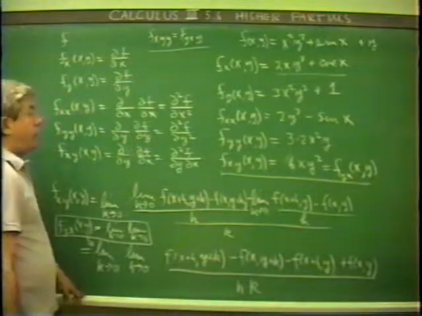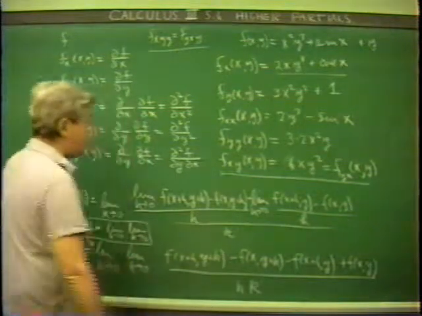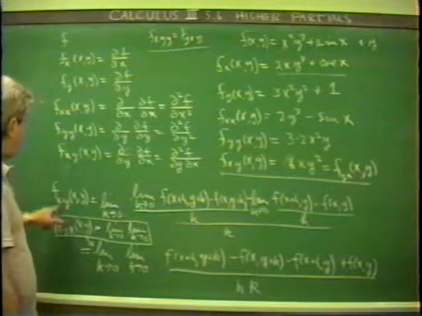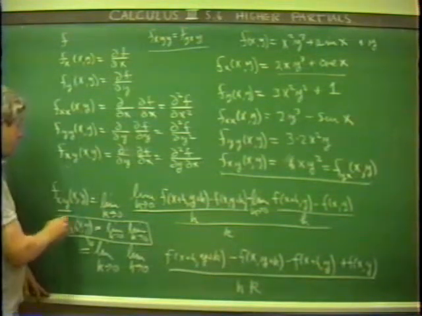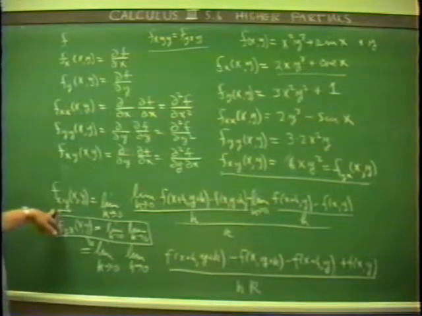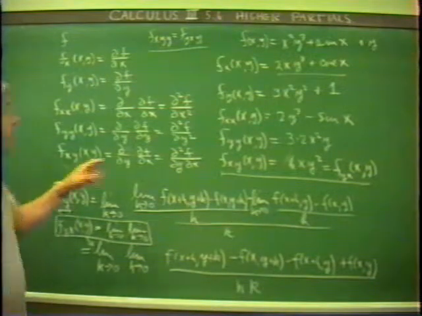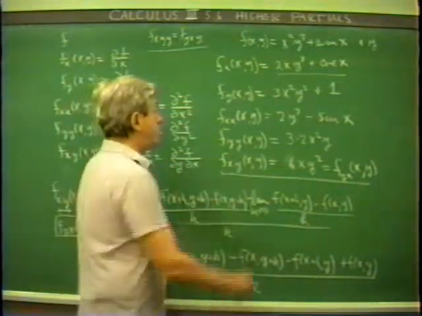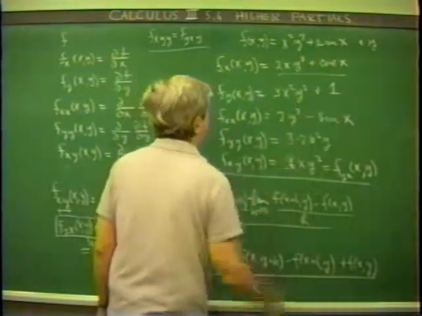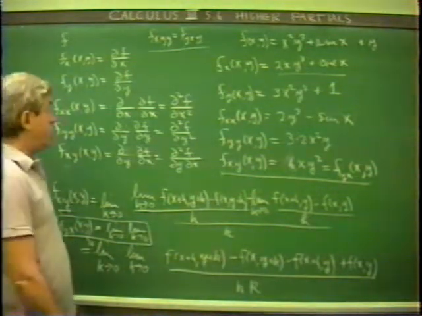And now, if the partial derivatives with respect to x are continuous, and you've got a second partial here, then it turns out it doesn't make any difference. And so consequently, taking the partial with respect to x and then with respect to y results in the same thing as taking the partial with respect to y first and then with respect to x, providing you end up with a continuous function here, or providing that the partials themselves with respect to x or with respect to y are continuous.